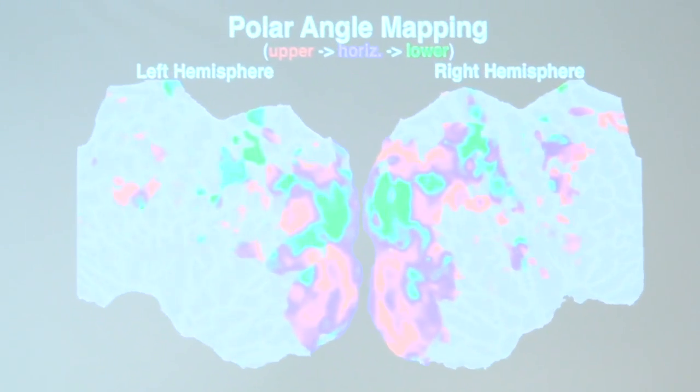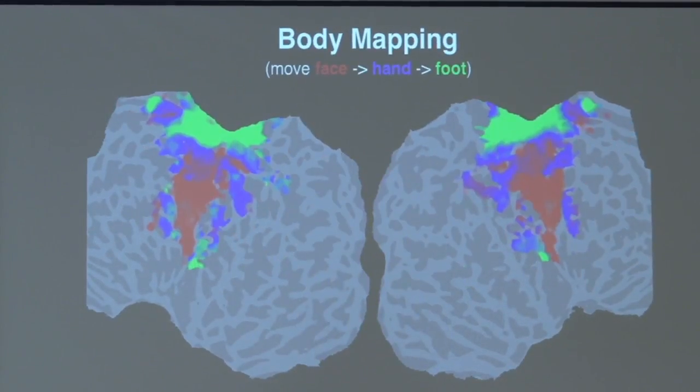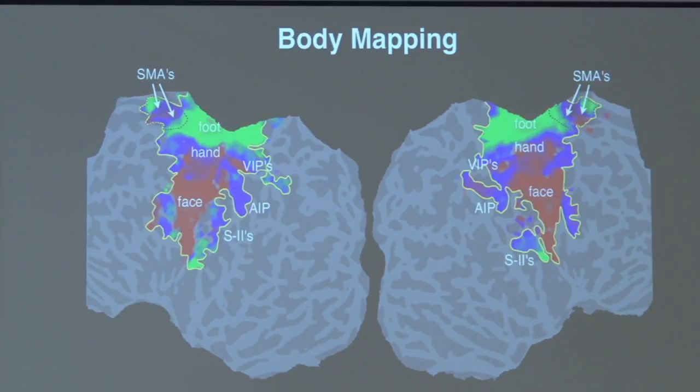So what we've done more recently is to do all the maps, so auditory and then even body mapping. Here's an example of what it looks like. There are some polar angle maps, and here are some body maps where you can see VIP and the supplementary motor areas and S2.